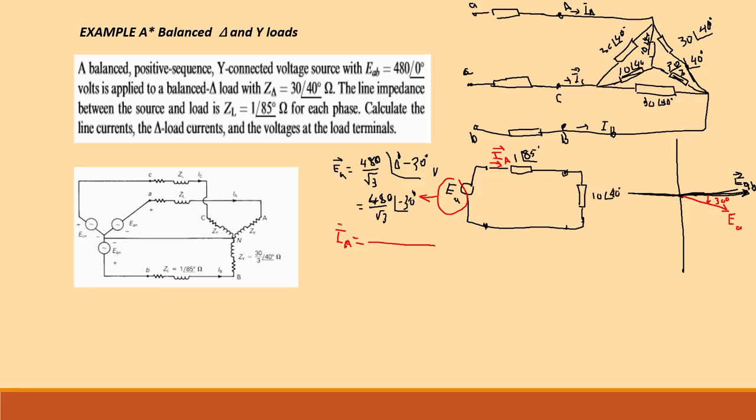So IA is equal to 480 divided by root 3, this is the voltage EA, applied on the impedance of the line plus the impedance of the load.